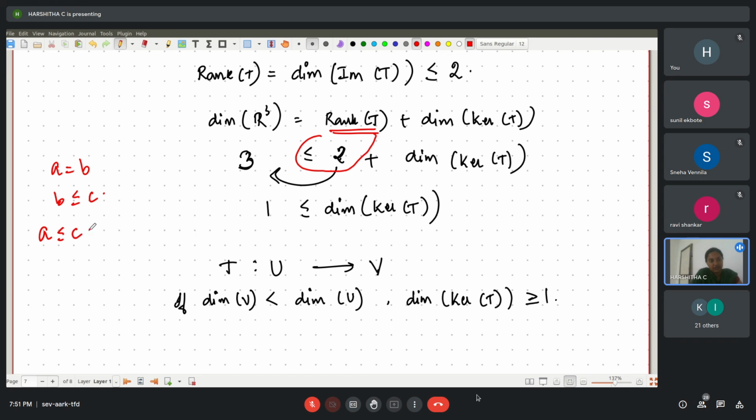A is less than or equal to C, right? That's what we're saying. So here our A is dimension of R3, B is rank T plus nullity of T, and C is 2 plus nullity of T.